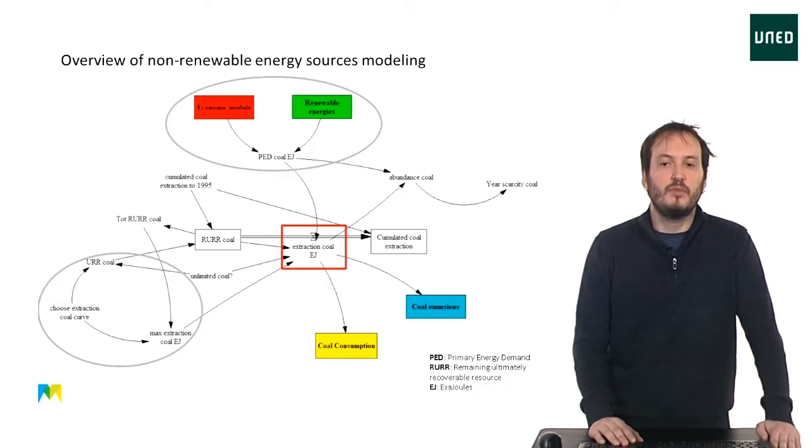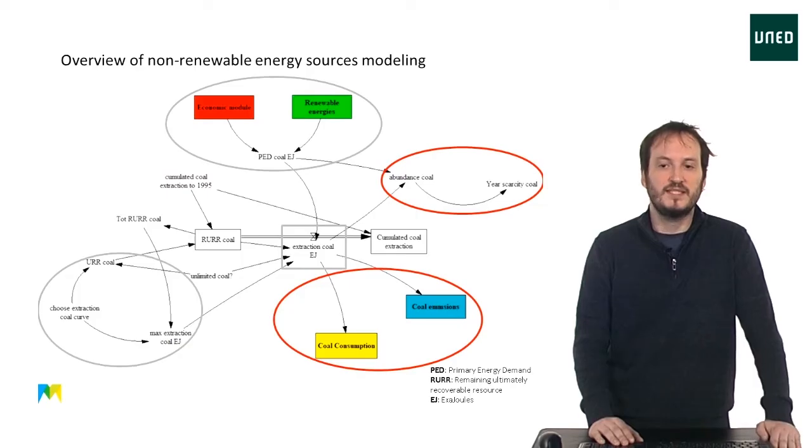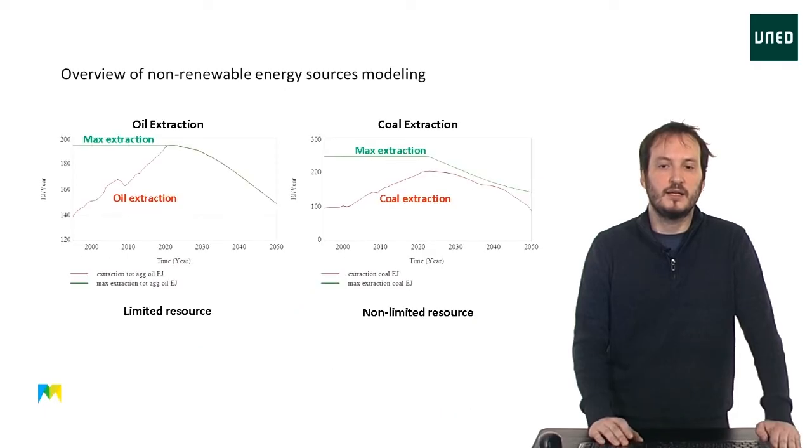Then, the model compares the maximum extraction of coal with the required demand of coal, and the extraction of coal is obtained. The coal extraction is then used to estimate when the scarcity of coal begins. Also, the real consumption and the emissions derived from coal are calculated.